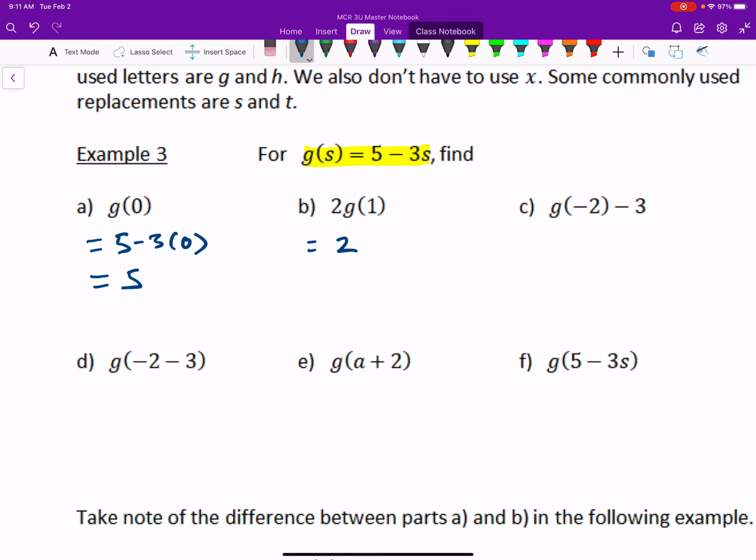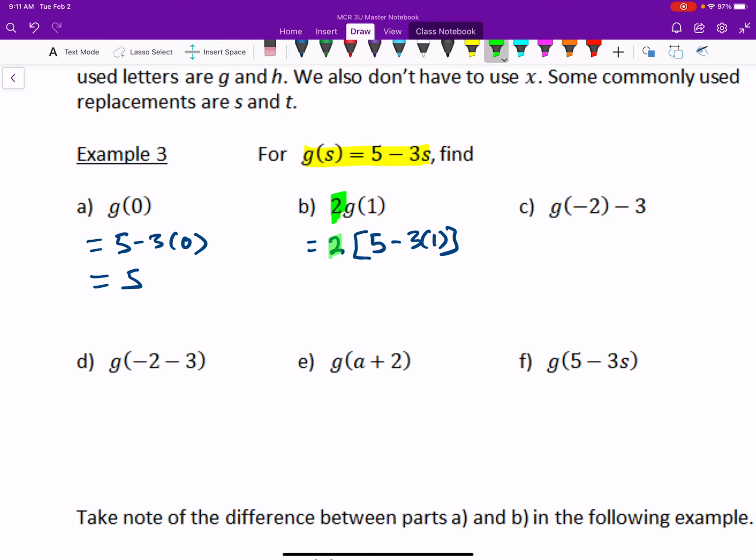2 times, well, this is interesting, actually. Let me just pause for a second because we haven't seen one like this before. Notice how this 2 is out in front of the g at 1. So again, it's order of operations. I have to find out what g at 1 is first and then multiply by 2. So I could write it like this. 2 times, and then I could put brackets, 5 minus 3 times 1. Maybe I should use square brackets to differentiate here.